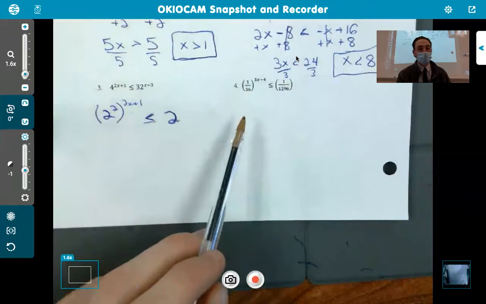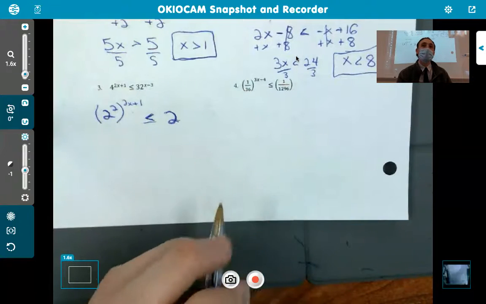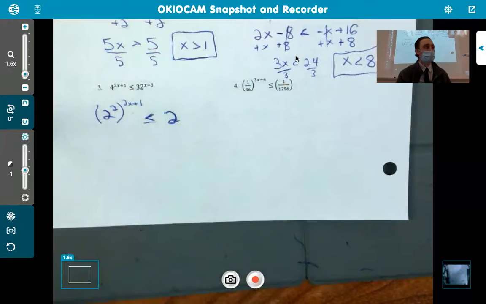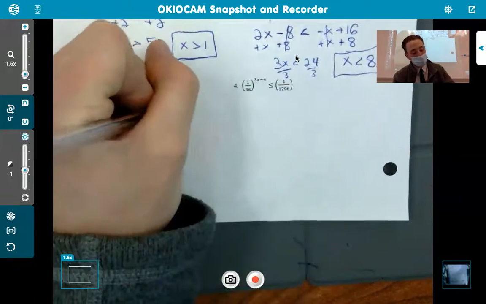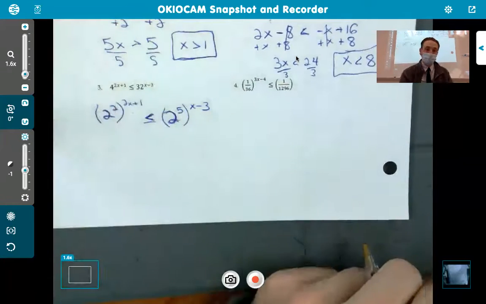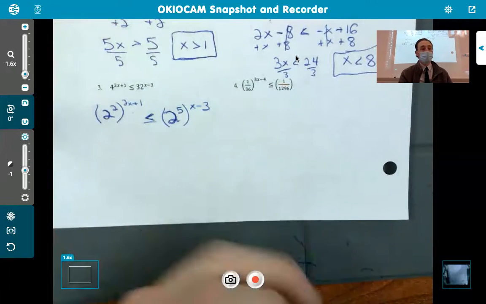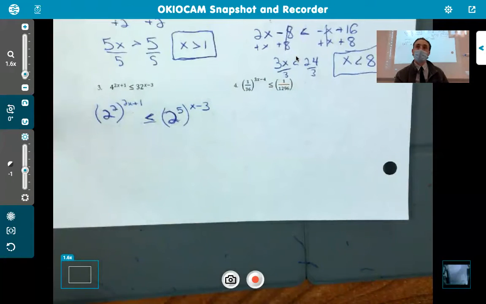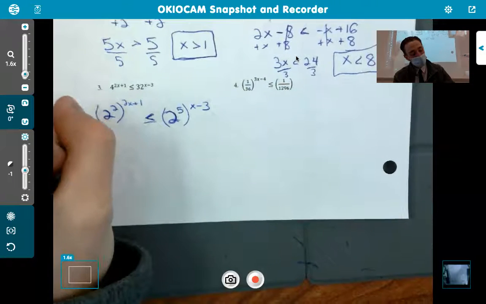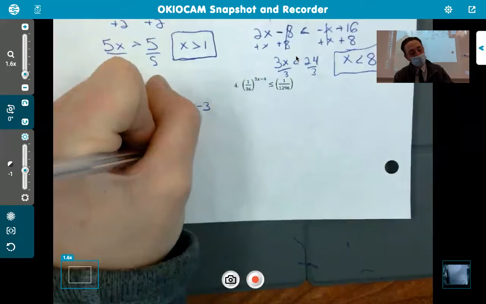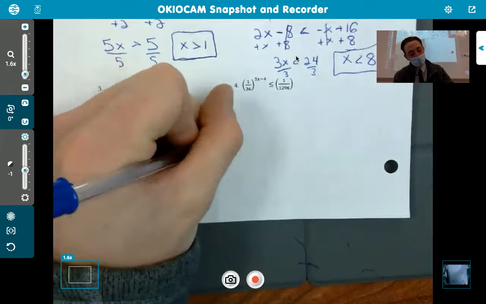So 2 raised to what exponent gives me 32? 5. And then I also have the x minus 3 over there. My bases are the same, so what can I do with my exponents? Set them equal to each other. So I have 2 times 2x plus 1 is less than or equal to 5 times x minus 3.